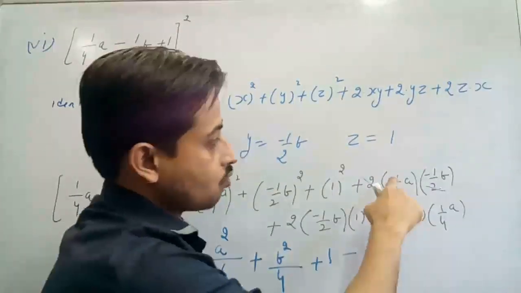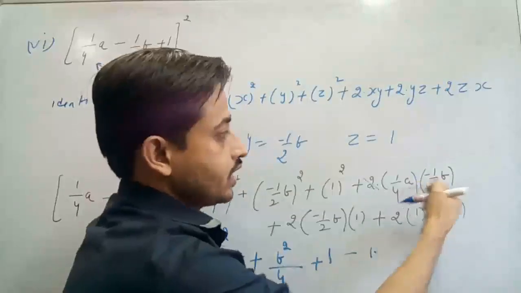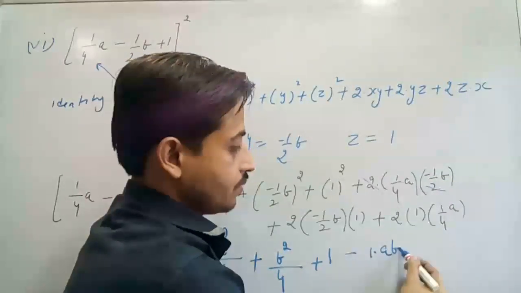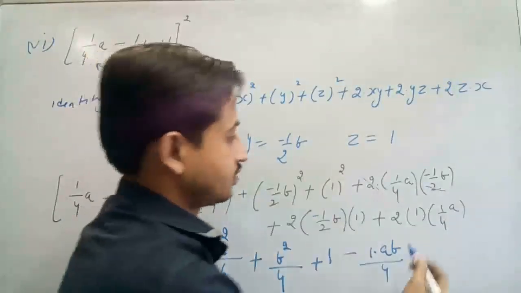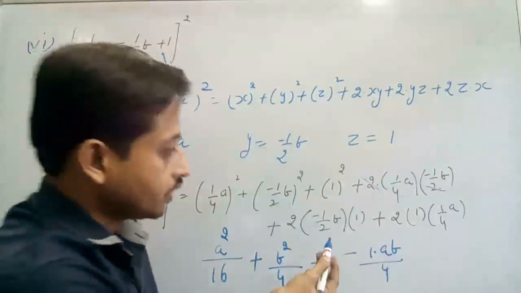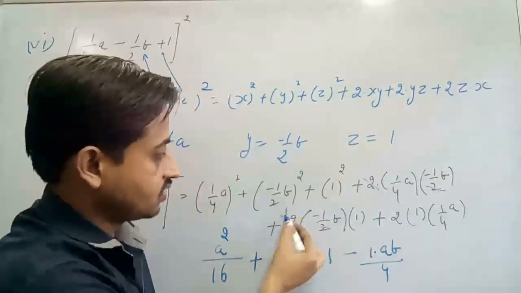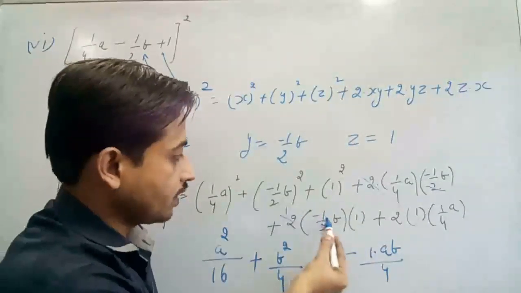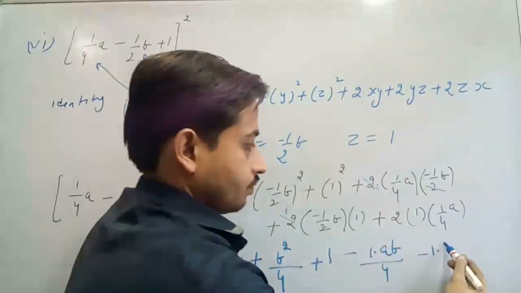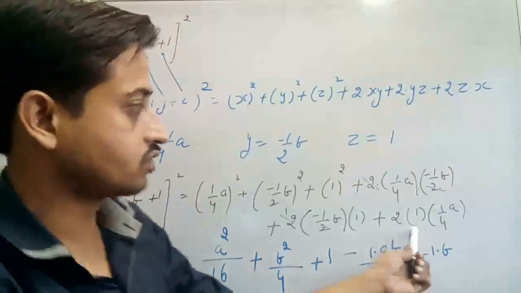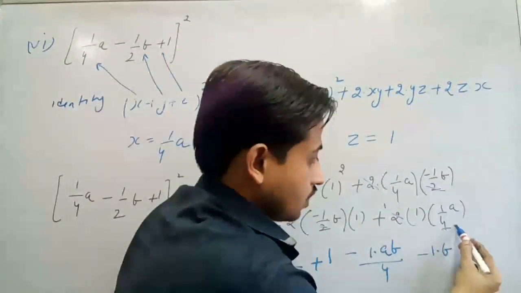So what we get? 1 into minus 1, minus 1 into a into b, ab. 4 into 1, 4. Same here. 2 is cancelled out with 2. 2 is cancelled out with 2. Now 2 ones are 2. Solve this. 1 into minus 1, we get minus 1 into b. Now same here. 2 ones are 2. 2 twos are 4.